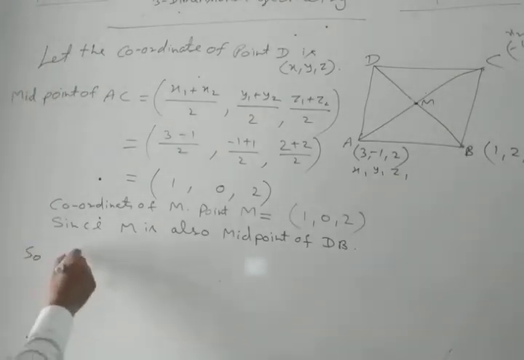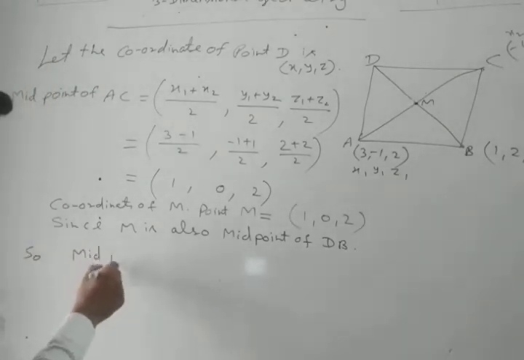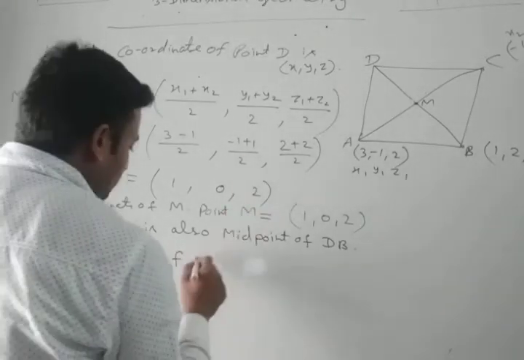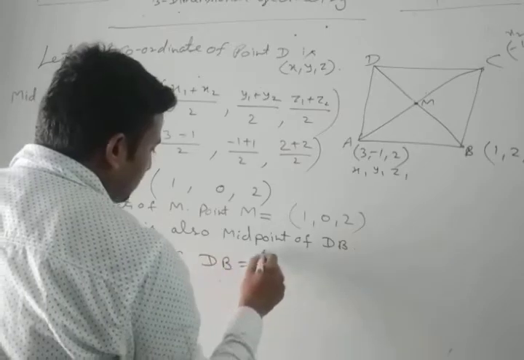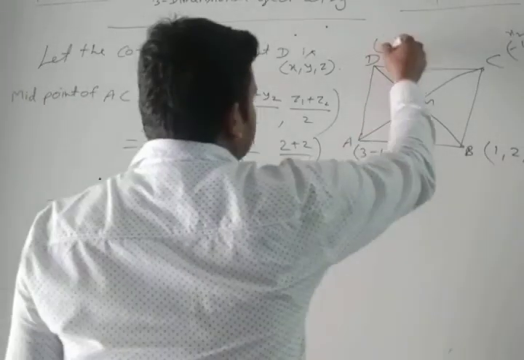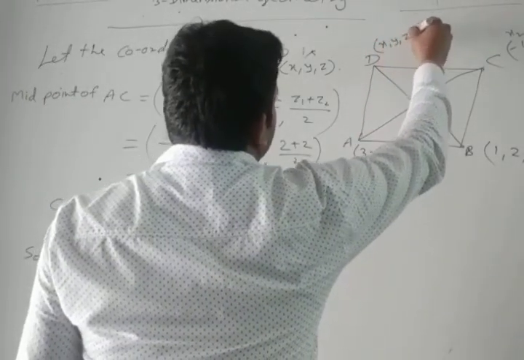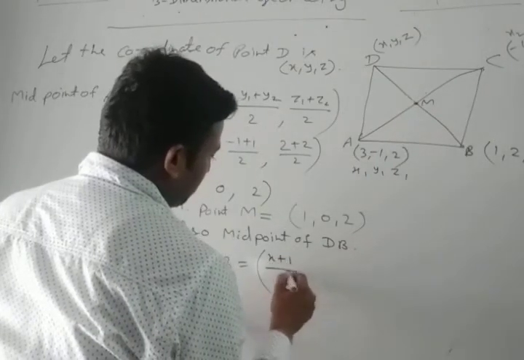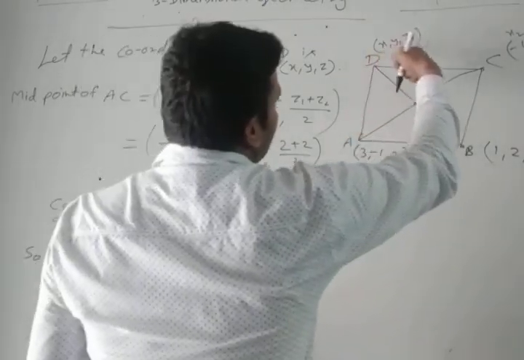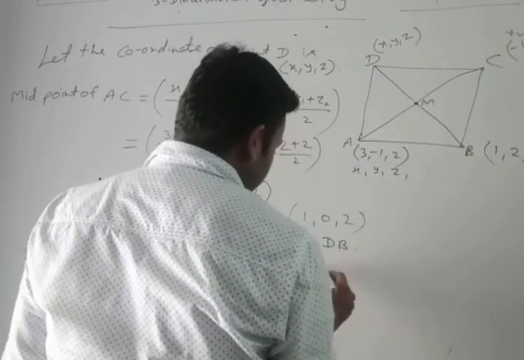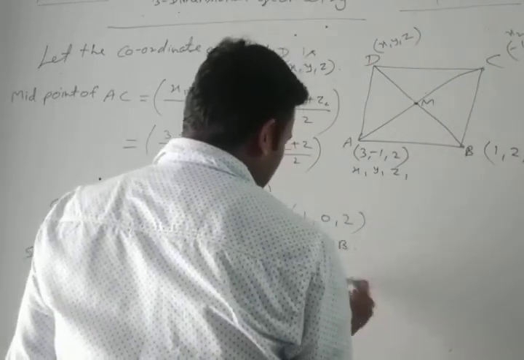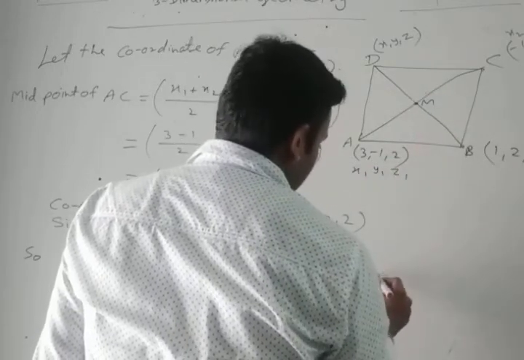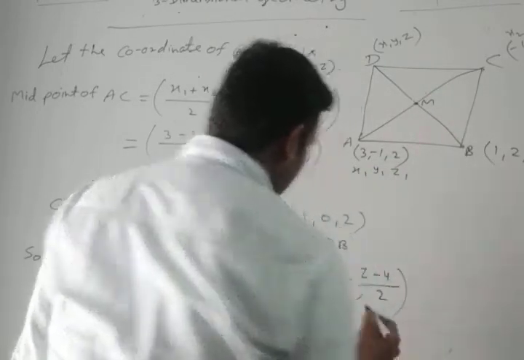The midpoint of DB is (x plus 1 by 2, y plus 2 by 2, z minus 4 by 2).